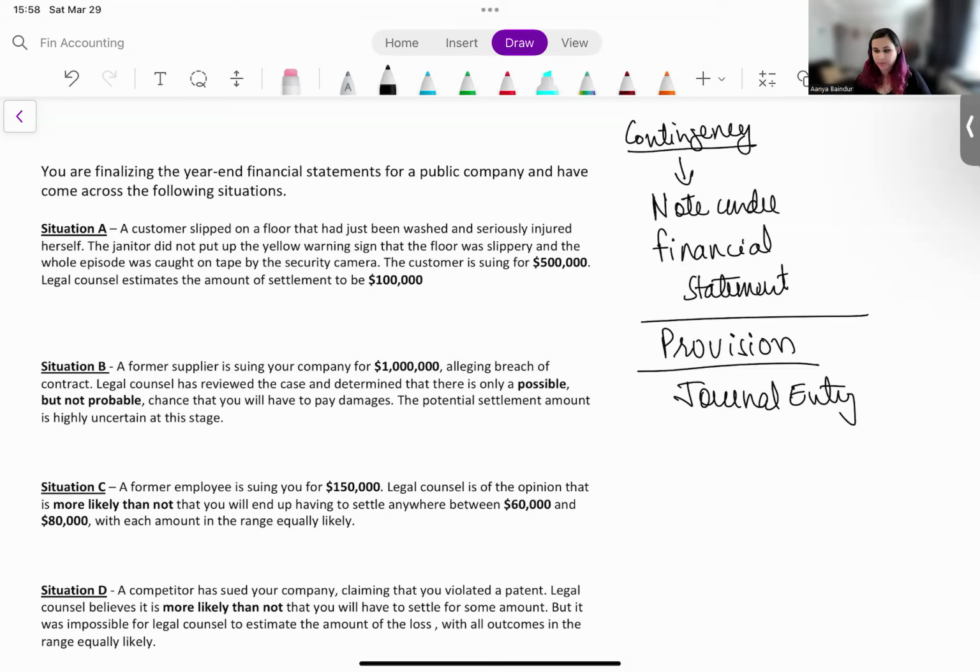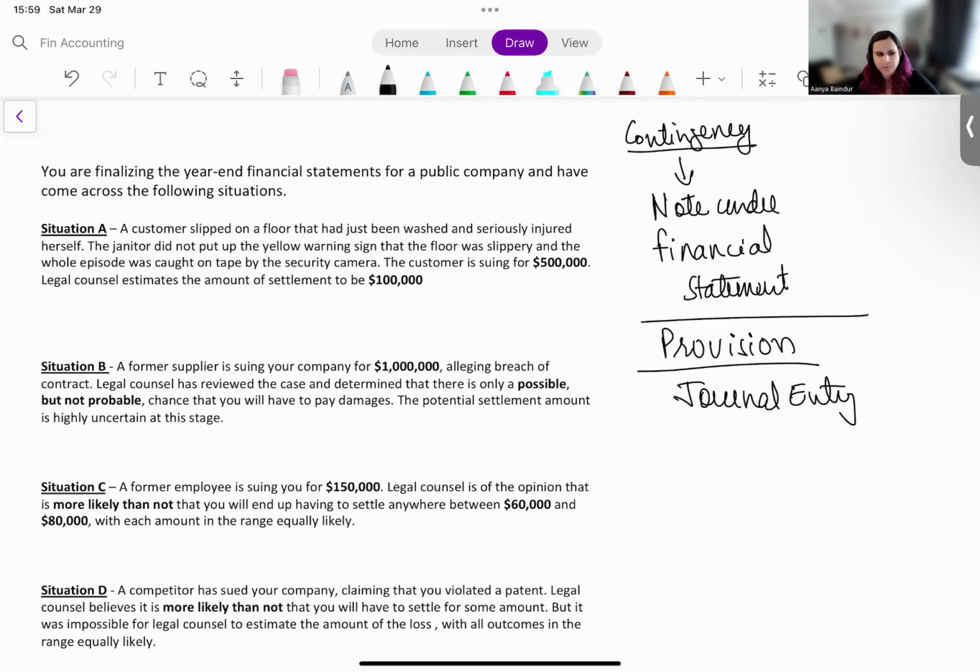So let's see what the steps are. First of all, ask yourself, is this obligation as a result of past events? That will always be a yes. So there will be some event that's happened. Next, does it have a probable outflow? That means, do you think you'll be paying out some amount or not? Next question you ask yourself is, can you actually measure how much of that outflow will be?